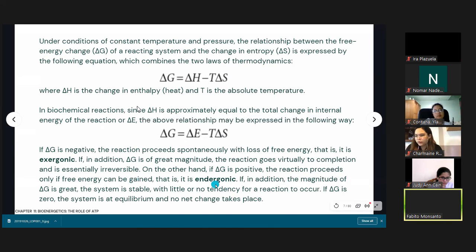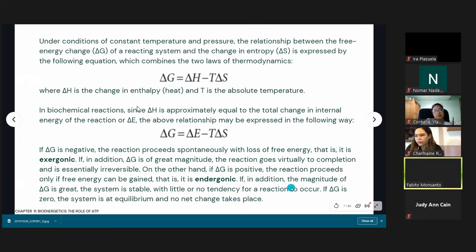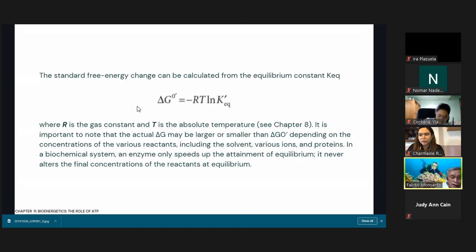And when the magnitude of the positivity of delta G is great, the system is stable and there is no tendency for the reaction to occur. If delta G is zero, then the system is at equilibrium. Okay?